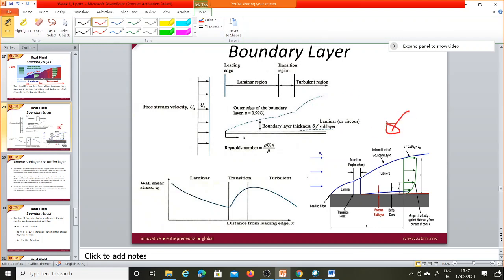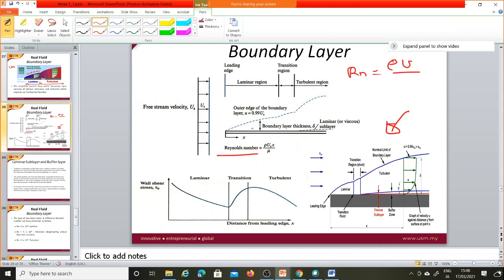So you can draw this one, and that should be okay. This is the free stream velocity. You can also understand why it goes from laminar to transition to turbulent, because of the Reynolds number. Reynolds number, you know, is rho v L, in this case x.